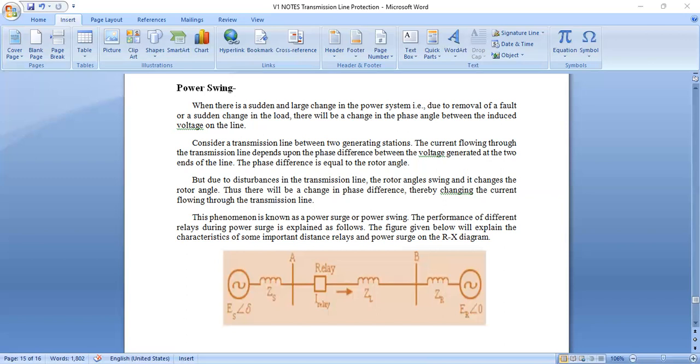So the power swing refers to the oscillation in active and reactive power flows on the transmission line.